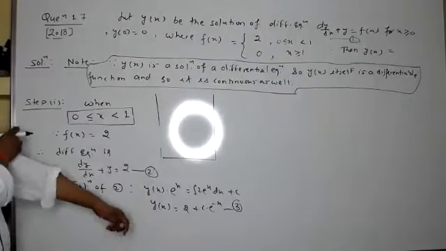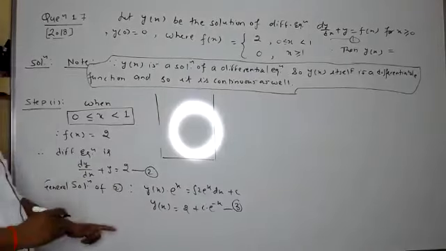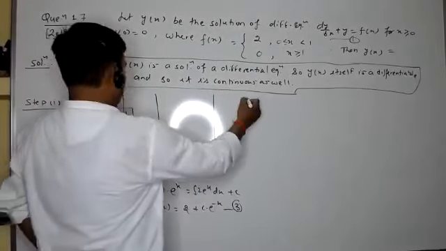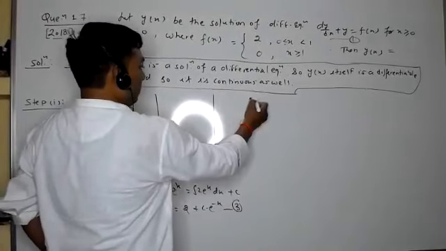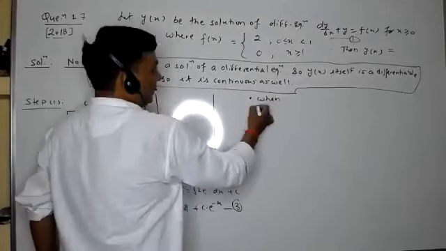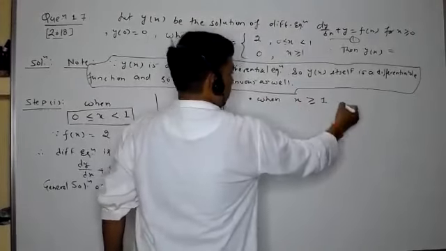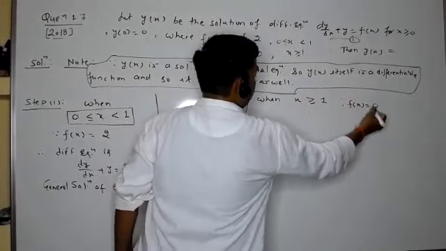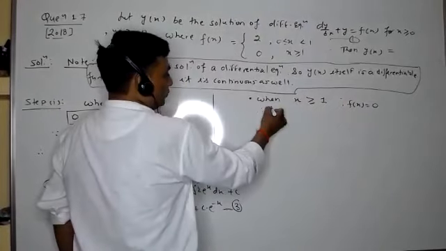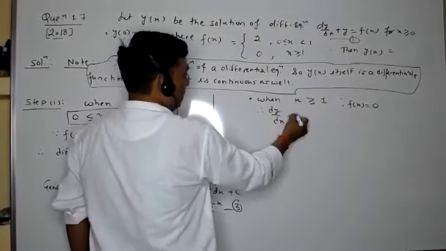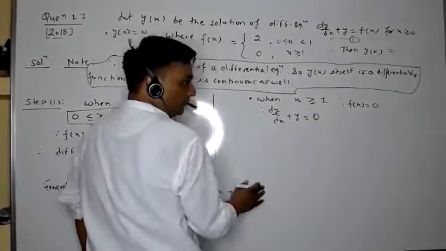Fair? Let's go. Now what do I do? Now I move to step 2, that is when x is greater or equal to 1. So f of x is what, dear fellows? 0. So the differential equation will be what? Right?